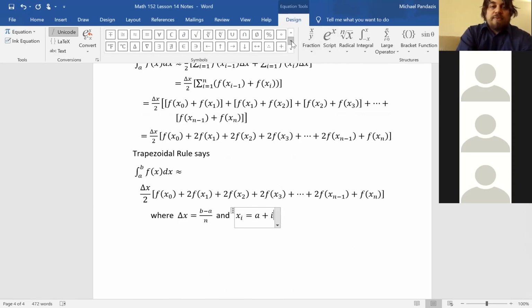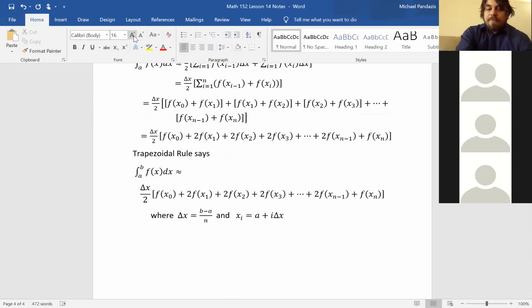This is from Math 152, Math 151, when you have to find the x sub i's. You start at the beginning a and keep adding the intervals to get the next endpoints. So the trapezoidal rule says that this integral is approximately that, where delta x is b minus a over n, and x sub i is a plus i delta x. That's the trapezoidal rule. And this is a fourth approximation in this lesson of the definite integral.